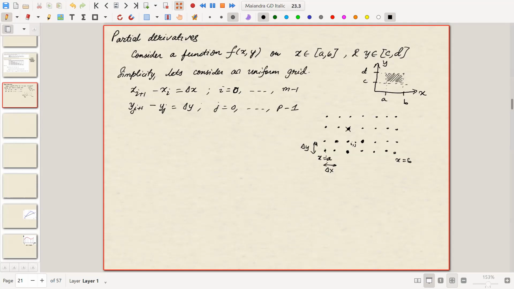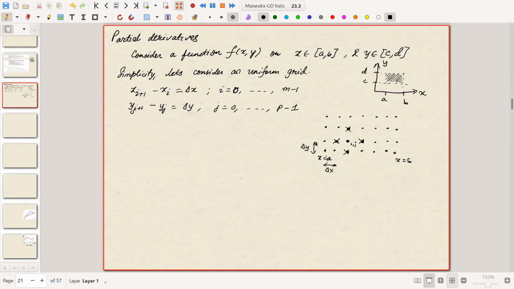Those I have marked with a cross. If you want some information of derivatives at this point (i, j), you need the information at the left, at the right, at the top, at the bottom. Based on that, we will write our equations. That's a very fundamental idea regarding partial derivatives.